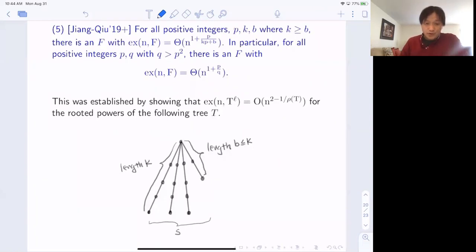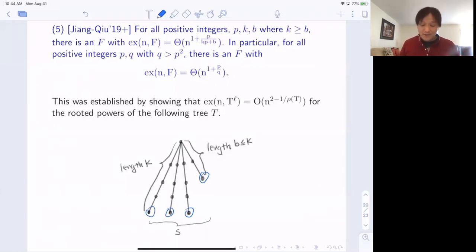We're able to show that for the rooted power of this more general looking spider, where S minus 1 of the legs has equal length K, but then you're allowed to have a short leg, and that short leg can have any length up to K, it also satisfies the Bukh-Conlon conjecture.